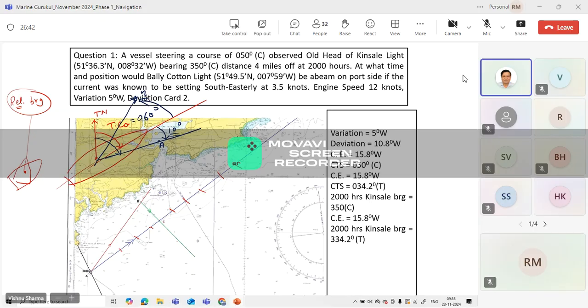Now the true bearing will be CTS minus the relative bearing. Am I right, guys? Have you understood? Yes, sir. So if the relative bearing is on starboard side, then true course plus the relative bearing will be the true bearing of the object. And if the relative bearing is on the port side, it will be true course minus the relative bearing. I hope when it comes in the questions again, you will not struggle. Am I clear, beta? Yes, sir.